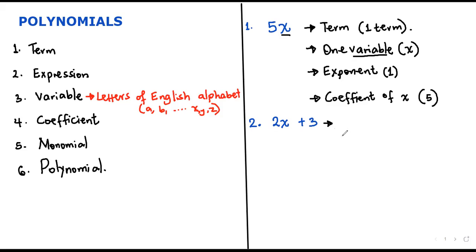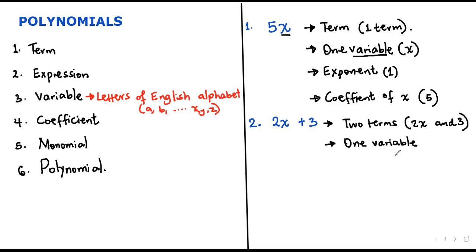Now, this expression has got 2 terms, that is 2x and 3. I hope you understand that. Then also, this expression has one variable.